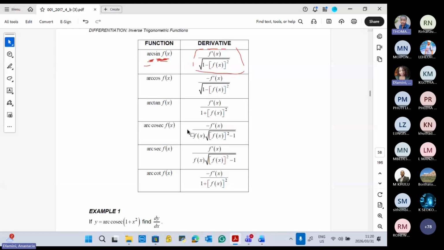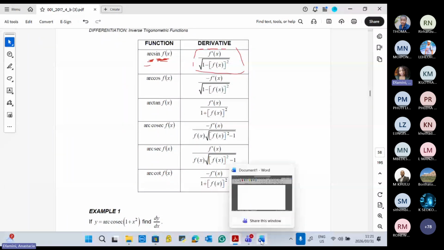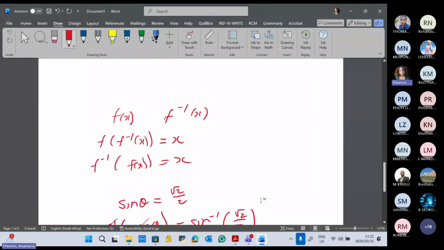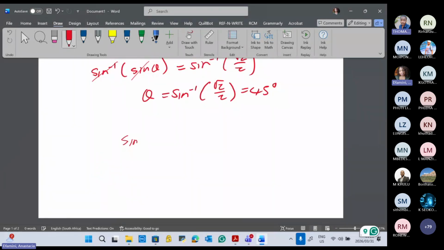Yes, we're able to do that. That's different. Remember, when sine squared x, you were writing it as sine of x, squared.